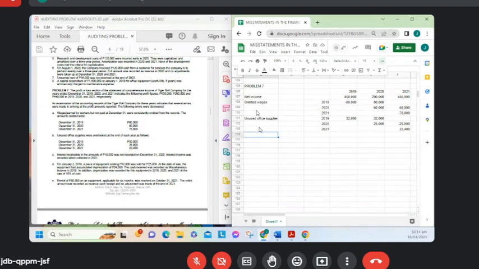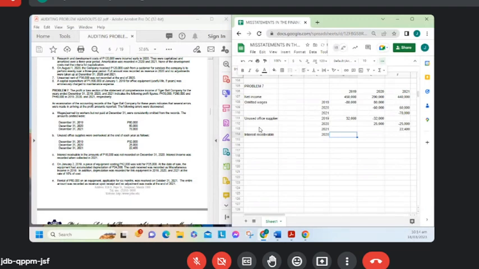Interest income was recorded when collected in 2021. So interest in 2020.